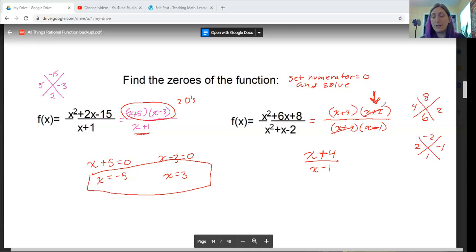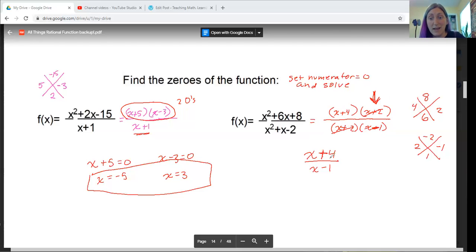Okay, this over here, if none of these had canceled, it would have had 2 zeros, but guess what? One of them canceled. And again, we're not asking for excluded values. That's a sort of a different thought process. We have to see if something cancels, and then we can solve. Now that something is canceled, there's something in the denominator here, but we don't have to care anymore.